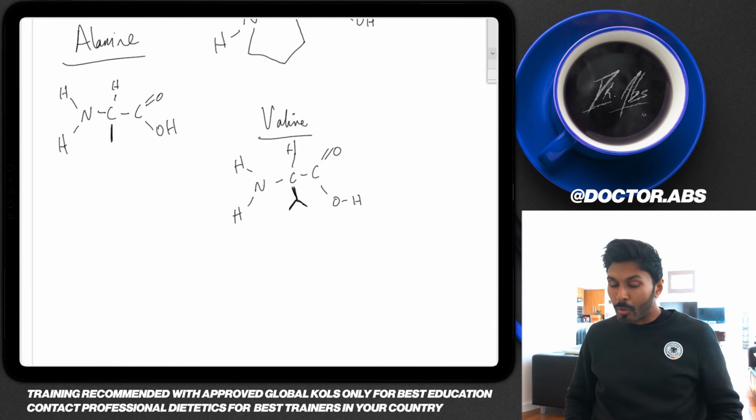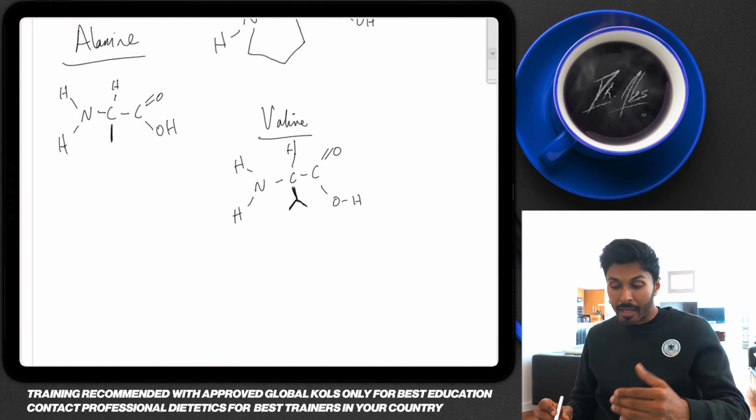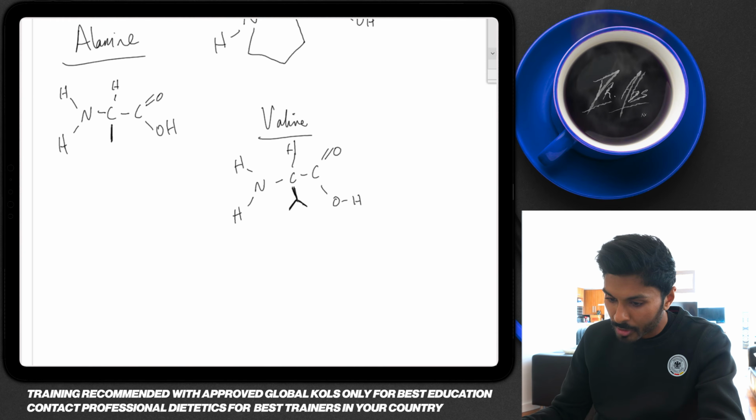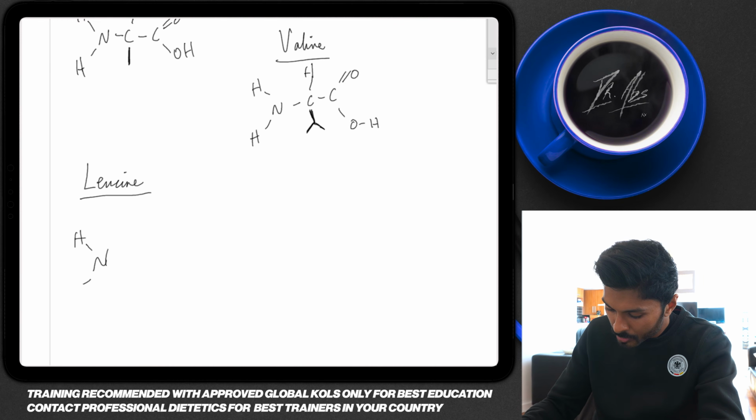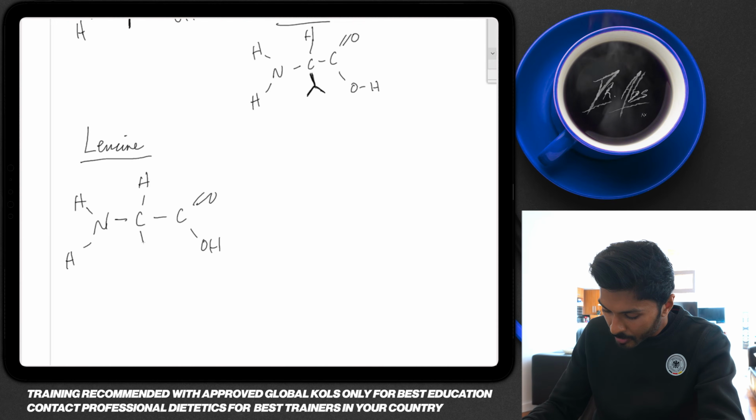It's a bit like a Y shape, if you like. And you can see it's a bit longer than the alanine one, but it's very similar in structure. And then we also have leucine. So N-terminus, C, carboxylate group, hydrogen, and leucine like that, is like that.